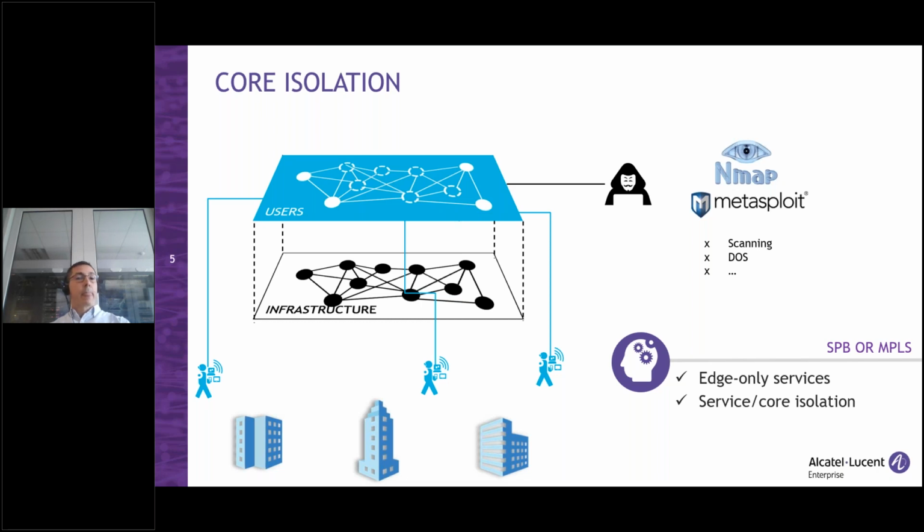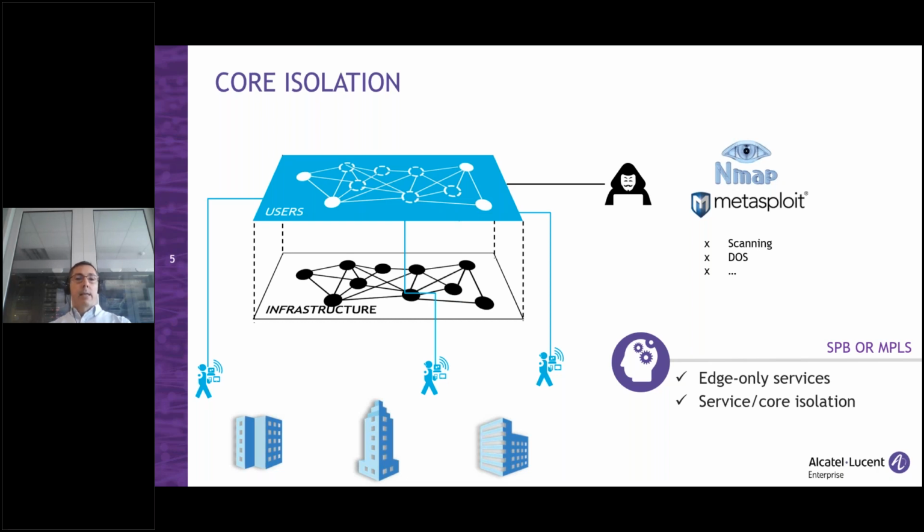For example, in MPLS, services are defined on provider edge, also known as label edge routers, but not on provider or label switch routers. Similarly, in SPB, services are defined on backbone edge nodes, but not on backbone core nodes. This means that once the network is deployed, there is very little touch required on core nodes.